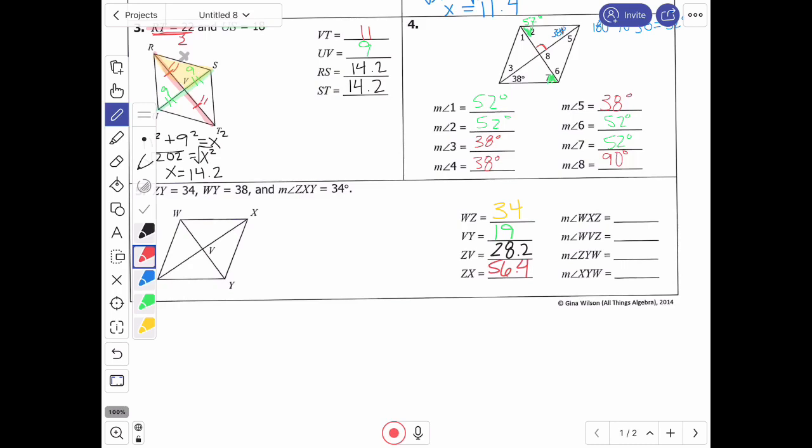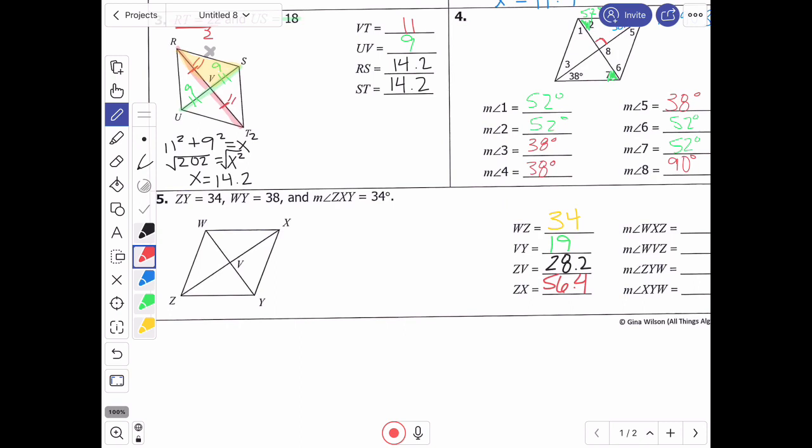With the angles, the only angle I'm given is ZXY. ZXY is this angle right there. And ZXY is 34 degrees.